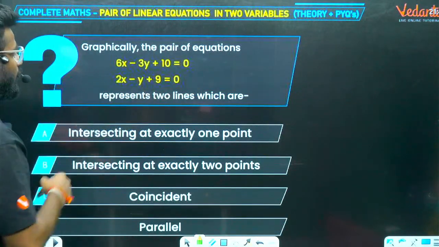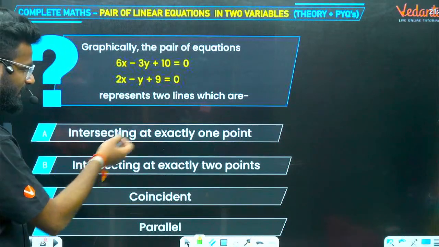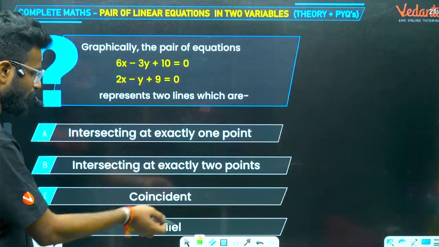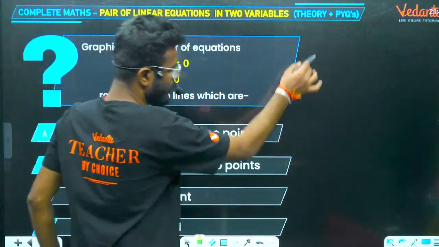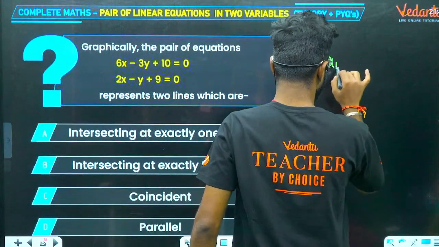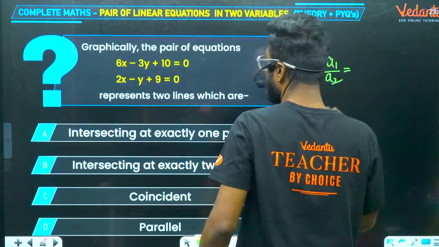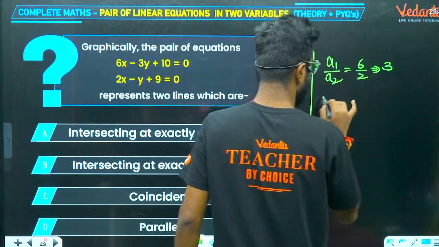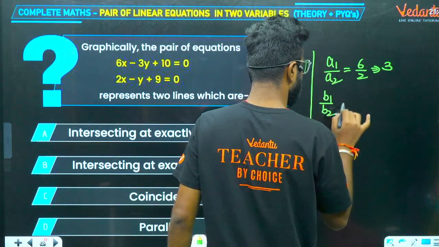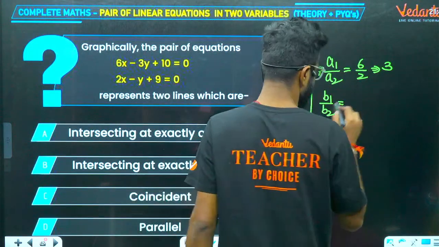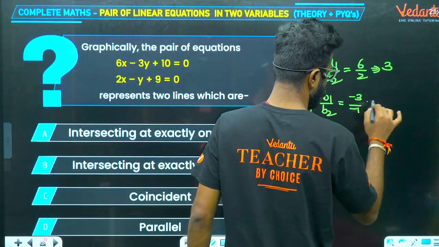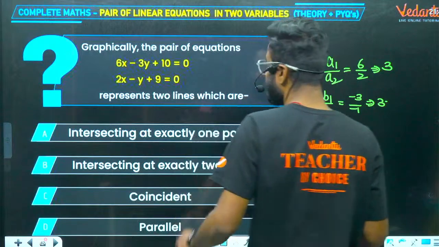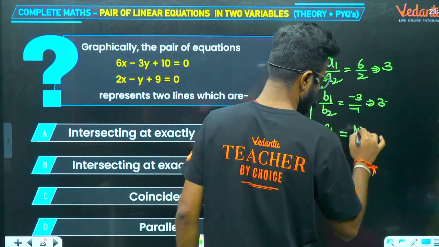Graphically, the pair of equations represent two lines which are intersecting at exactly one point, intersecting at exactly 2 points, coincident, or parallel. We know the condition: A1 upon A2 is 6 upon 2, which is 3. B1 upon B2 is minus 3 upon minus 1, that is 3. And C1 upon C2 is 10 upon 9.